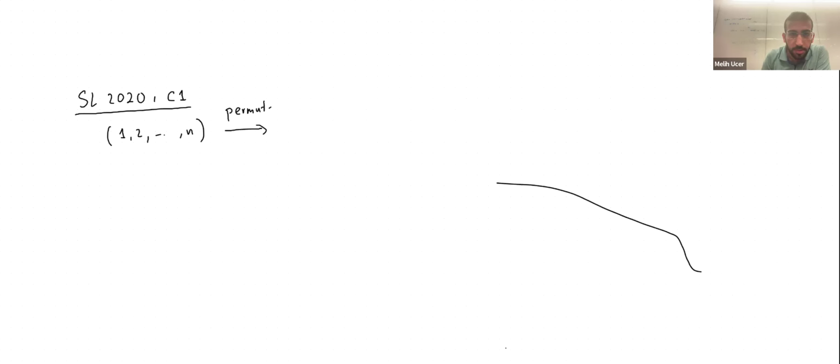Permutation A1, A2, ..., AN. The thing is, find the number of permutations which satisfy the conditions, these inequalities.